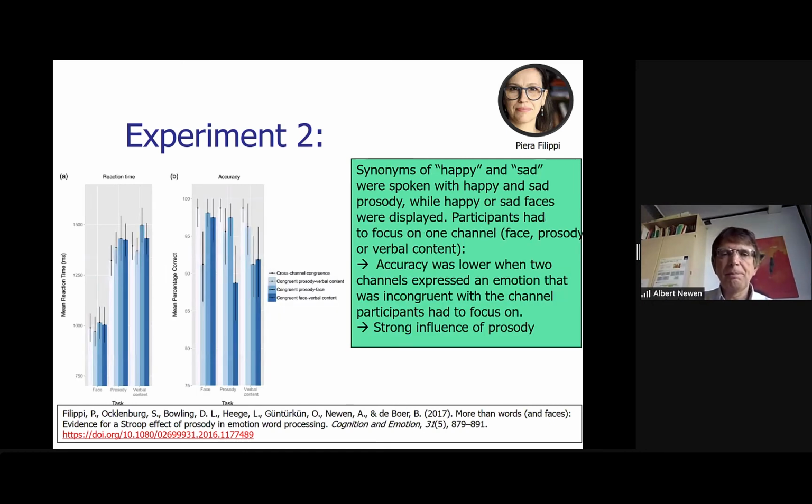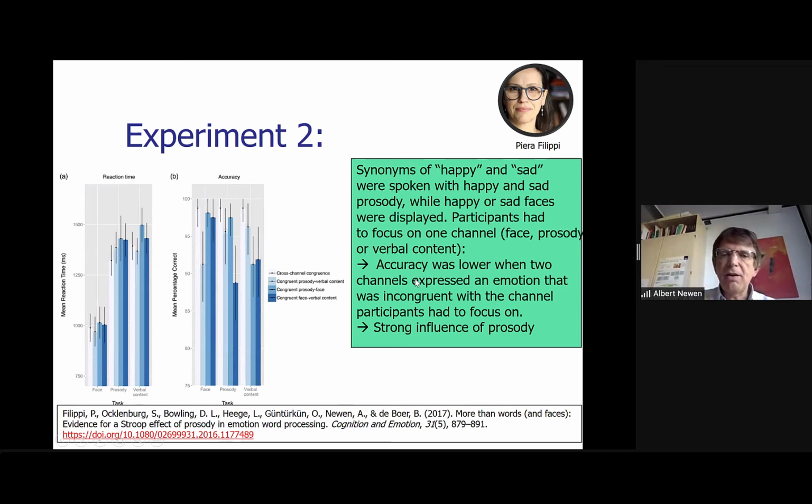We even did one follow-up study where we not only had the same synonyms of happy and sad, which were spoken with happy and sad prosody, but we added an additional source of information, happy or sad faces that were displayed at the same time. So participants had three information channels: the face, the prosody, and the verbal content. And they could be in congruence, or they could be partially incongruent.